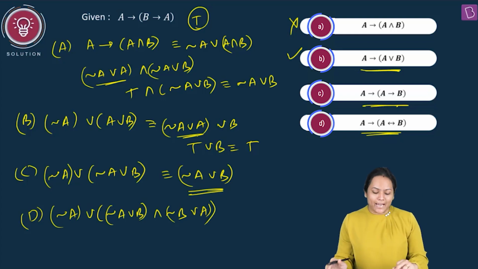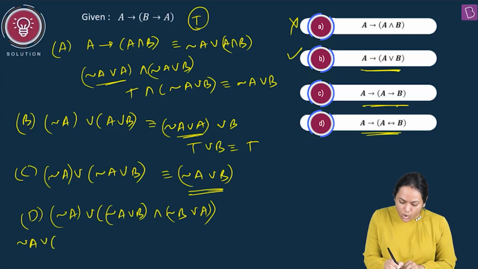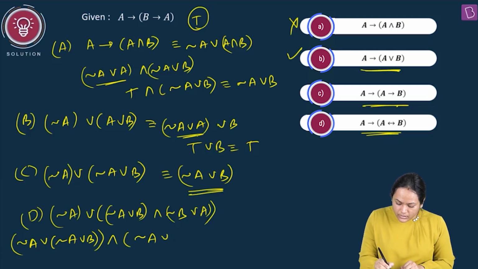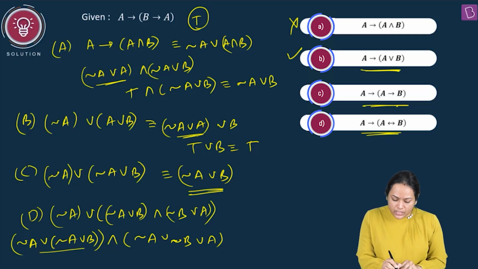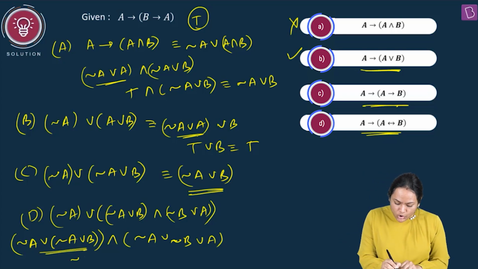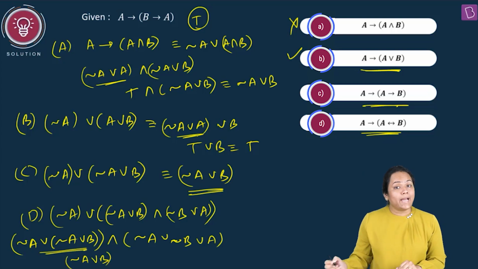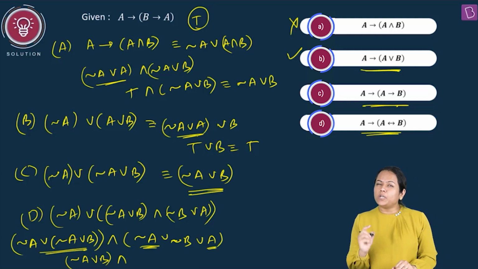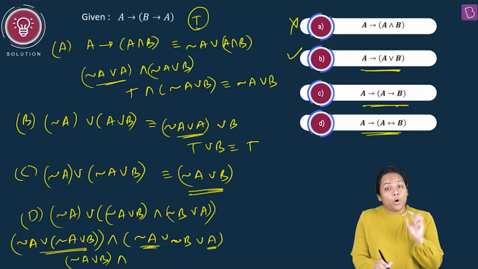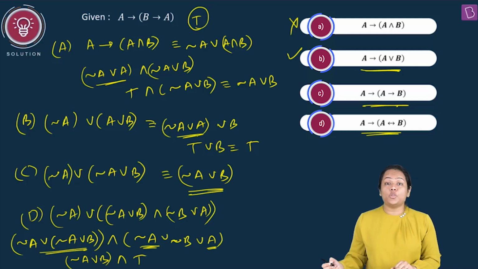I have used the distributive law. The first part gives negation A or B, while my second part will be negation A or A, that will be a tautology, and tautology or negation B becomes tautology.